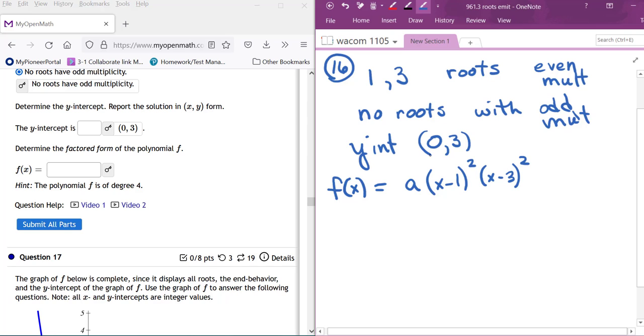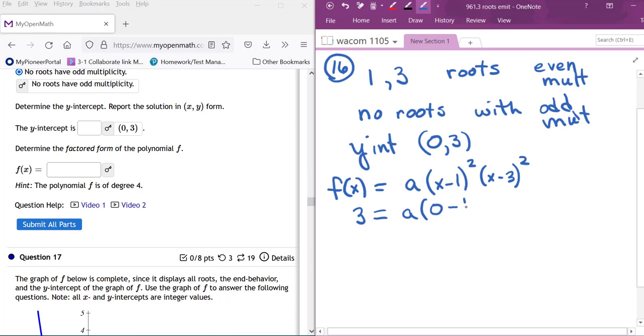We have to figure out the a. So when you find the y-intercept, you plug 0 into x. So we're going to plug 0 through. F of x is y, so it will equal 3, but we're plugging in 0 for x.